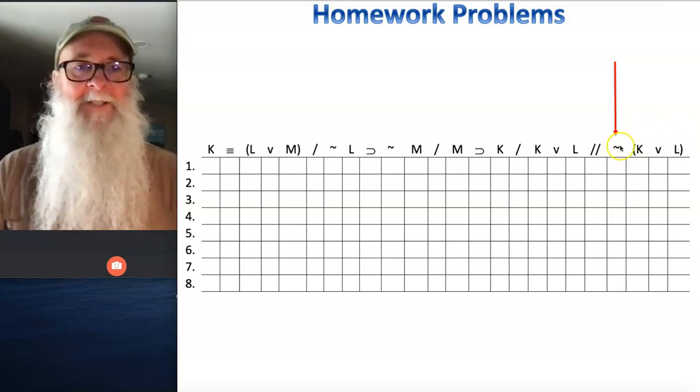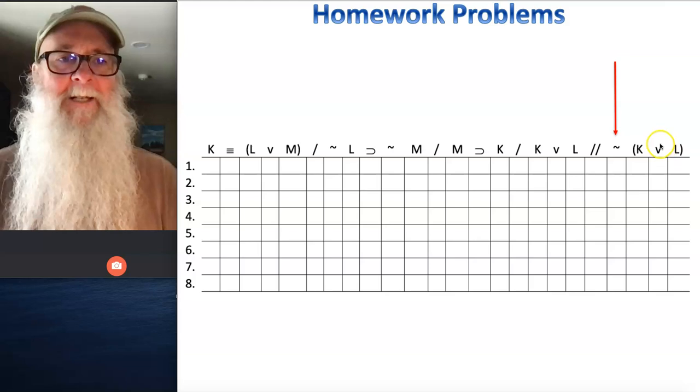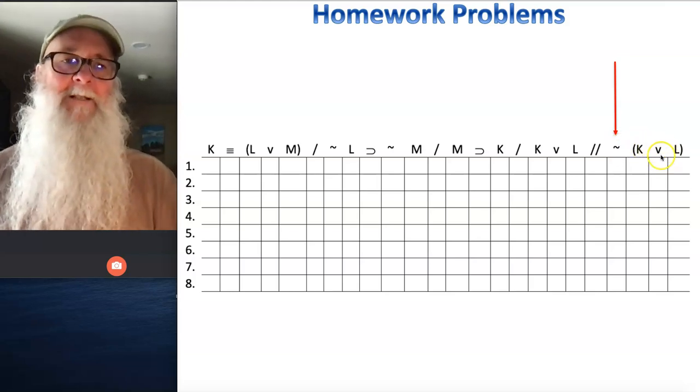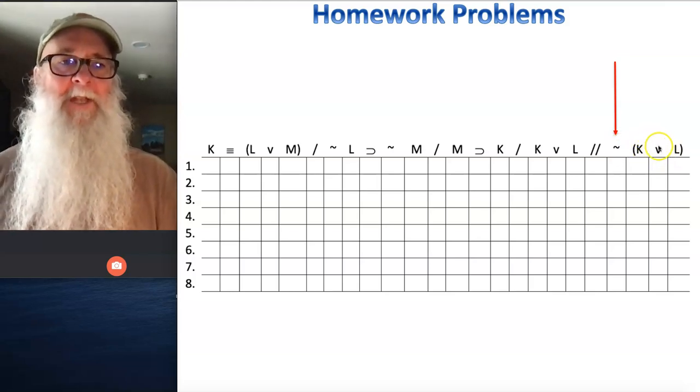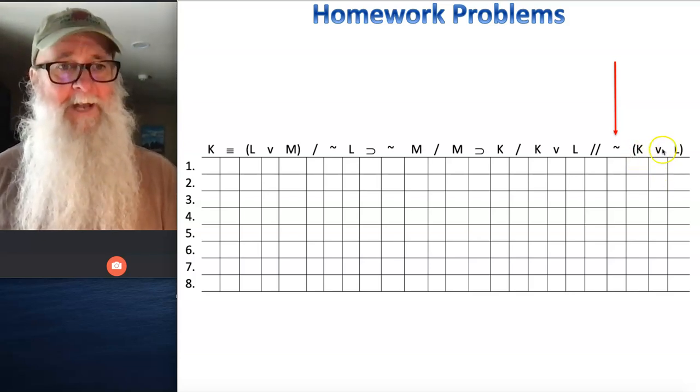So the truth value of tilde is going to be determined by the truth value of this wedge. The tilde operates on the operator inside parentheses. So when you're marking tildes outside of parentheses, you're concerned with the truth value of the operator in parentheses, here the wedge, not K or L.